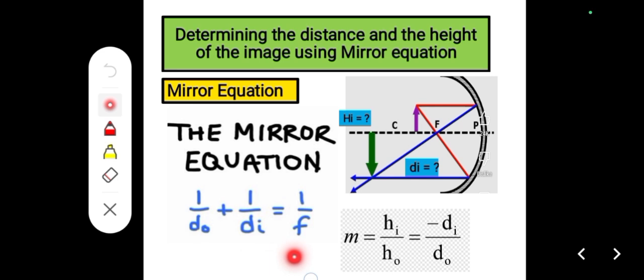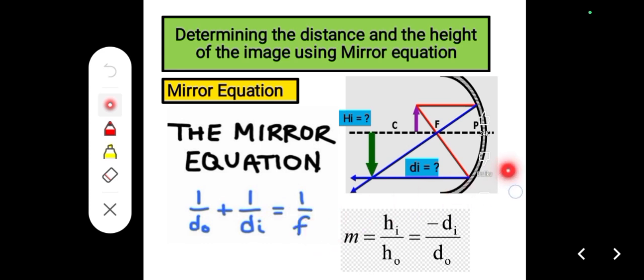The formula says 1 over DO plus 1 over DI equals 1 over F. DO represents the distance of the object, the distance from the mirror to the object. DI represents the distance of the image, the distance of the image from the mirror. And F means the focal length.